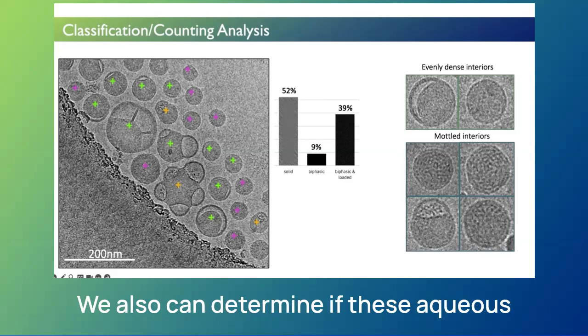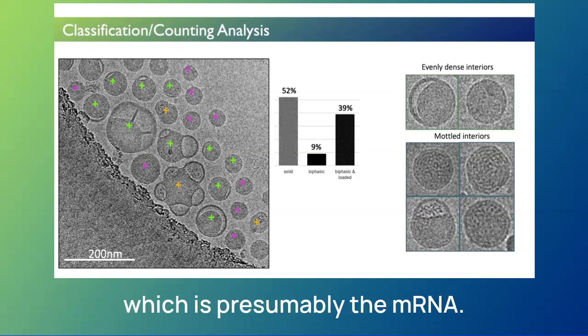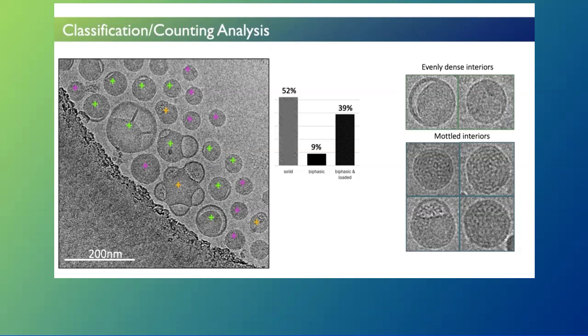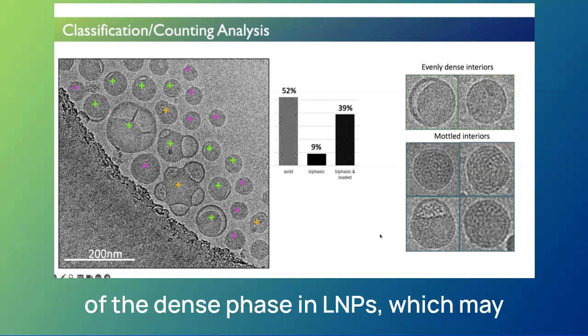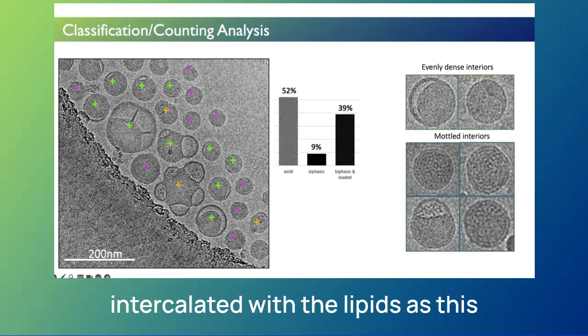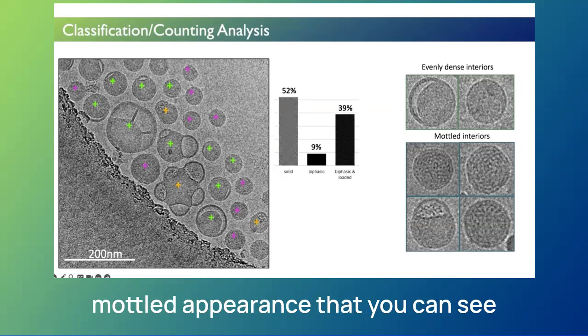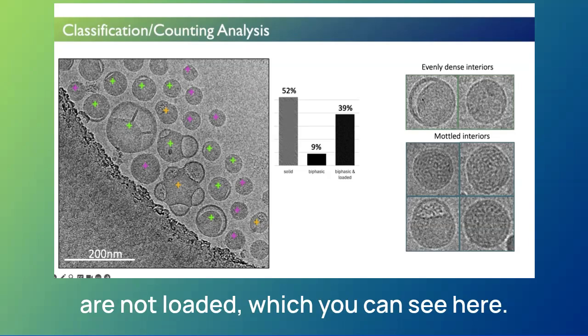We can also determine if these aqueous blebs contain any grainy material, which is presumably the mRNA. We can also look at the mottled appearance of the dense phase in LNPs, which may be indicative of the presence of mRNA intercalated with the lipids, as this mottled appearance that you can see here is usually absent in particles that are not loaded, which you can see here.